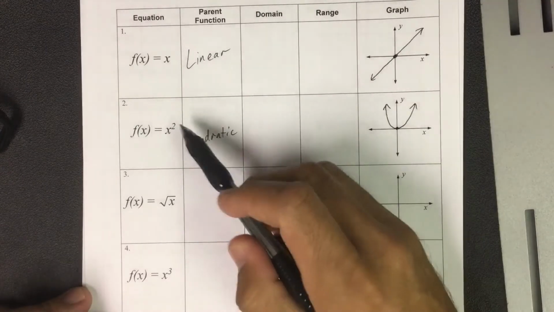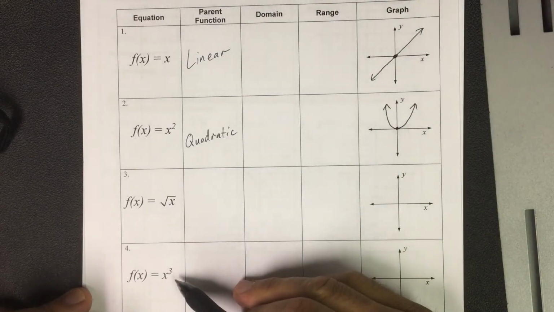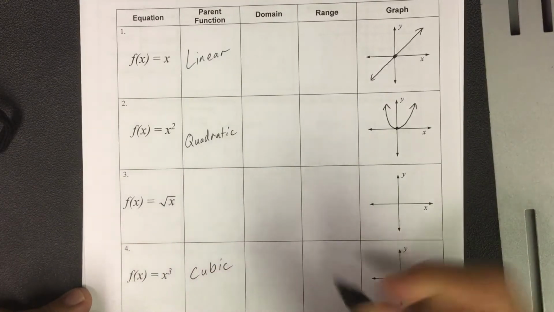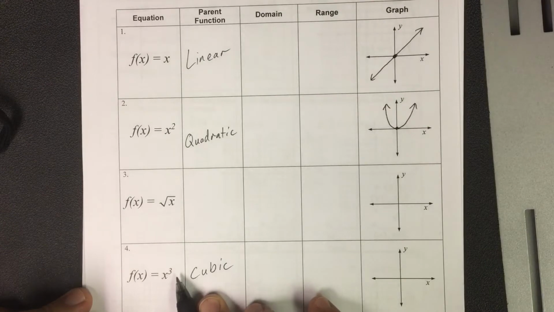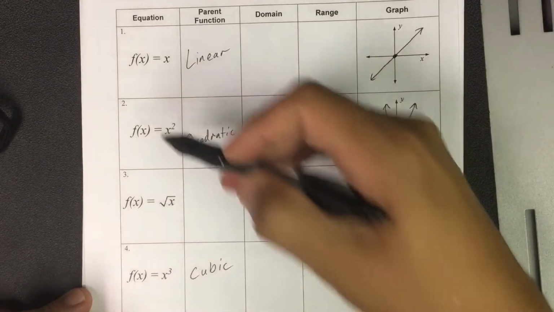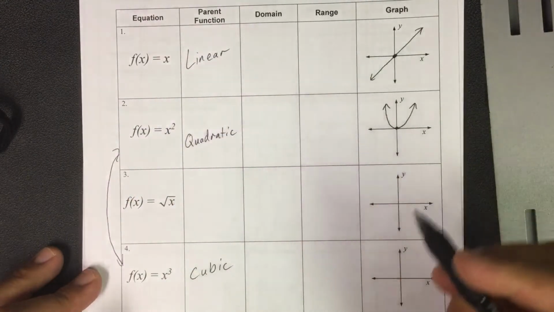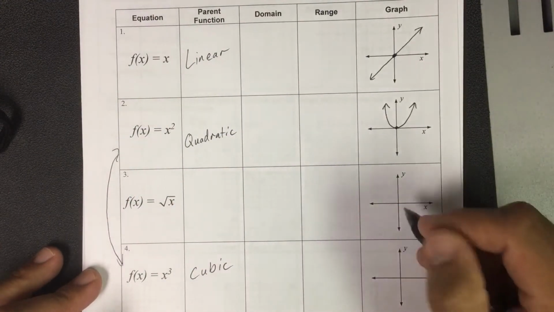Okay. The quadratic looks a lot like the one that's x cubed, right? This is a cubic because it's cubed. I like to relate these two together because the quadratic and the cubic start out and sort of look the same.